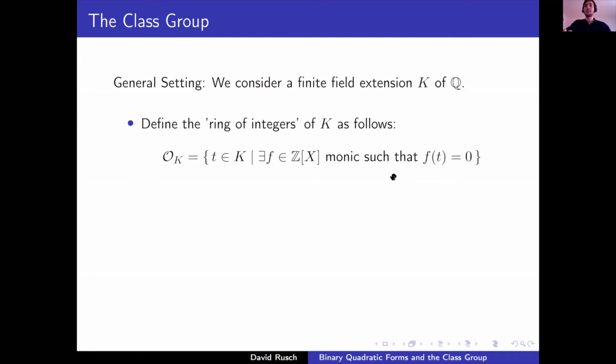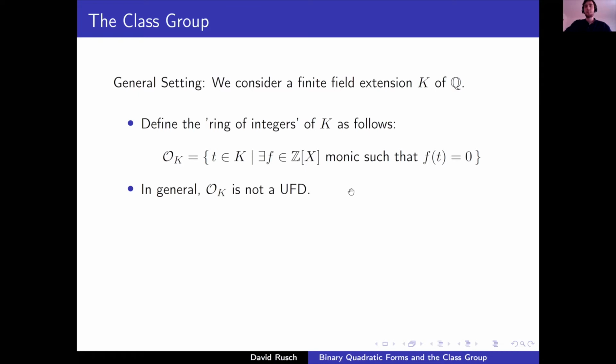And in any case, all you have to know here is just that this ring O_K is the right choice. And it has many desirable properties, but it is not necessarily a unique factorization domain. That would be too nice. So yeah, there's already some quite small example where this is not a UFD.